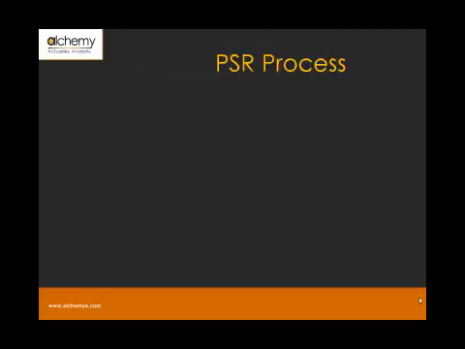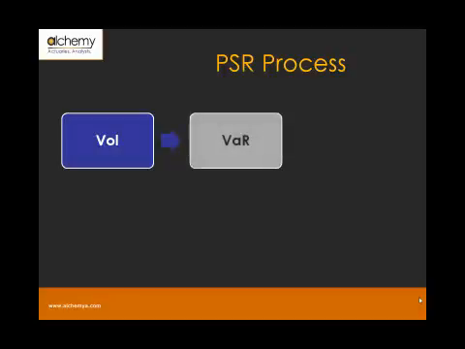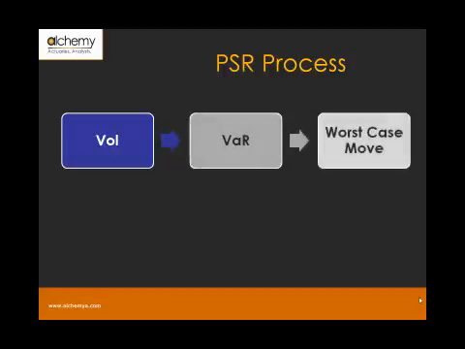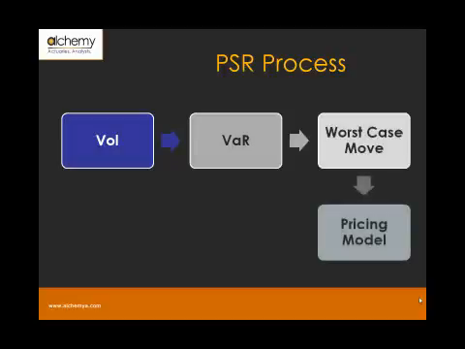We will come back to this later, right towards the end of the course, when we actually look at an example of PSR and PFE, that we call potential future exposure. But just to take a step back, the PSR process starts with an estimation of volatility, or vol. From vol, we calculate value at risk, which is a worst case loss. From VAR, we calculate a worst case move in dollar terms or currency terms.